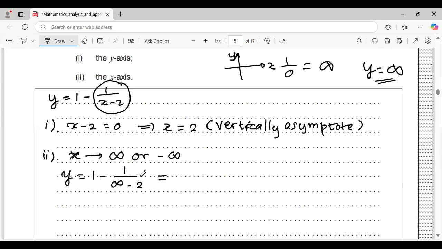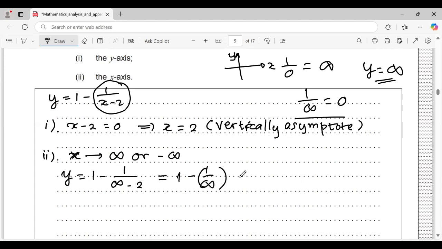And 1 over infinity is 0. If this is infinity, infinity minus 2 is infinity, so it becomes 1 minus 1 over infinity.